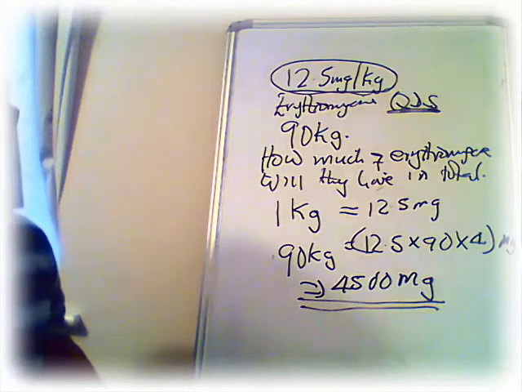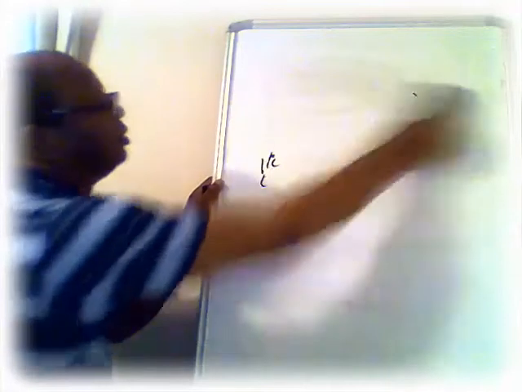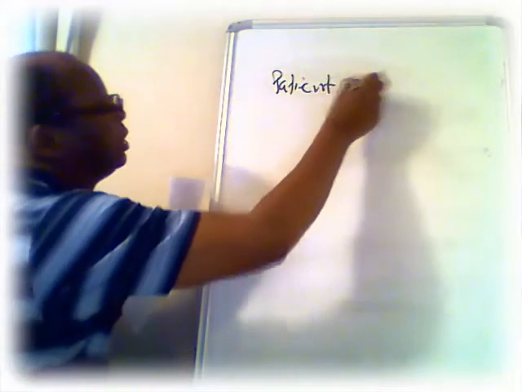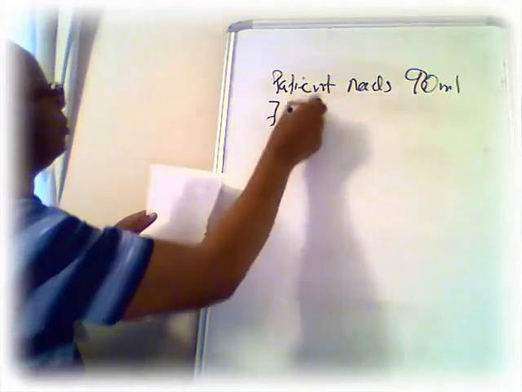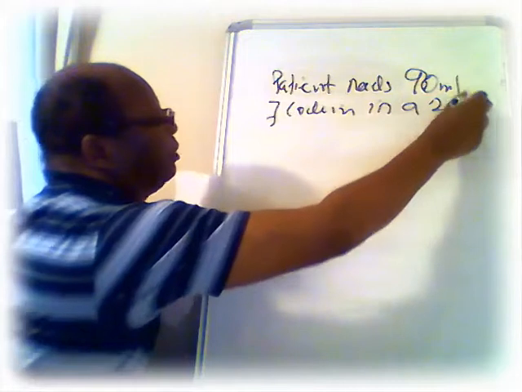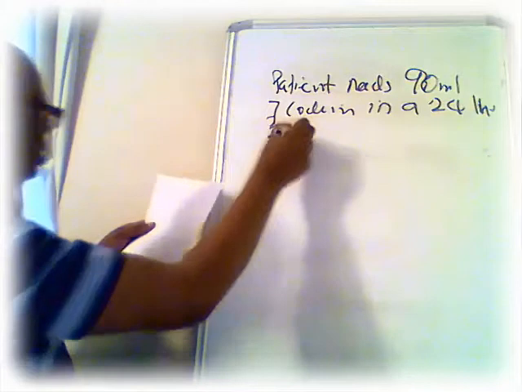Okay, let's look at the next question. Now, the next question says a patient needs 90 mils of codeine in a 24-hour period.